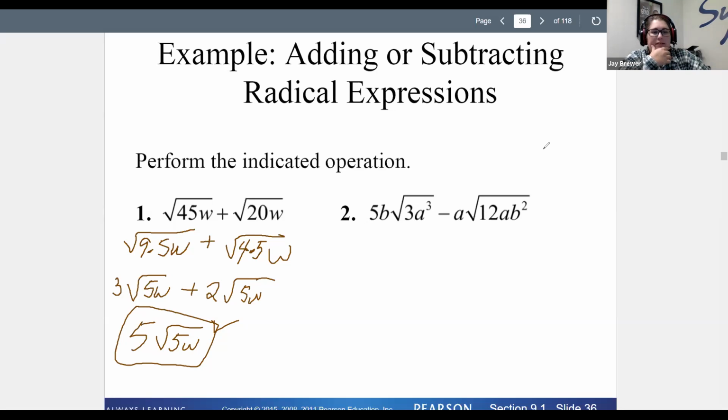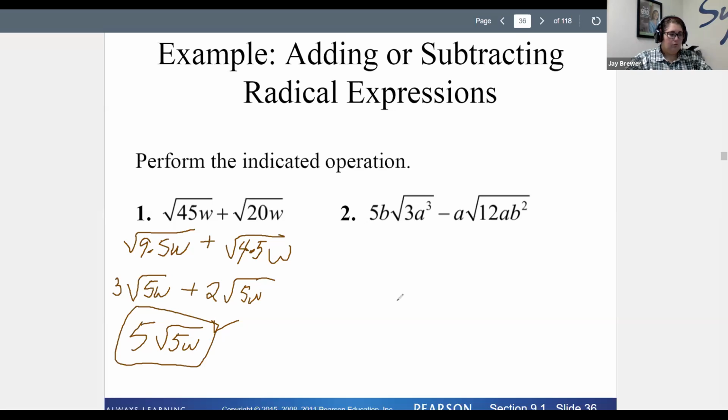Do you think it's likely that if they didn't have someone sitting here explaining to them that you leave the radicand alone, they could try to add the inside numbers as well? Okay, you don't want to do that. The radicand should be the same once you simplify. You can manipulate the radicand while you're trying to pull things out of it, but once it's down to its simplified form, that has to stay the same. They have to match, right? So you don't want to go through and try to add those.